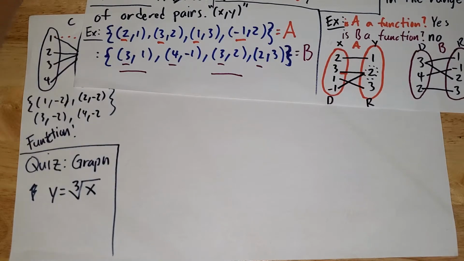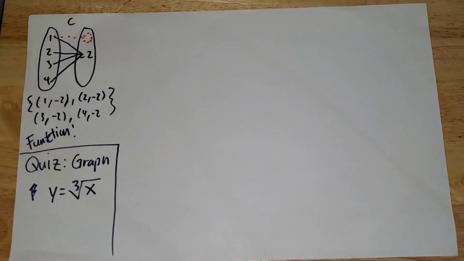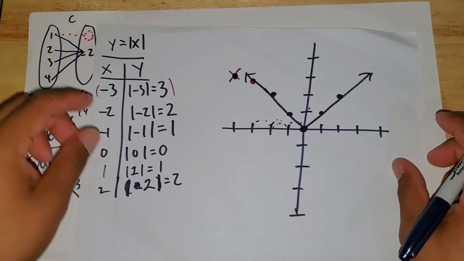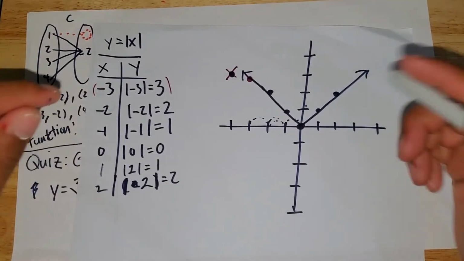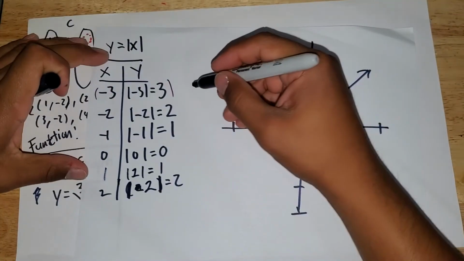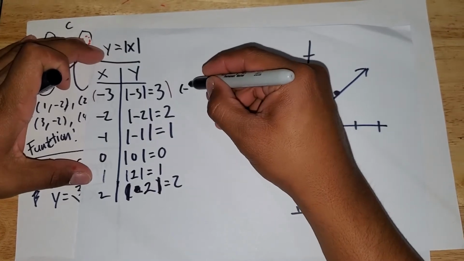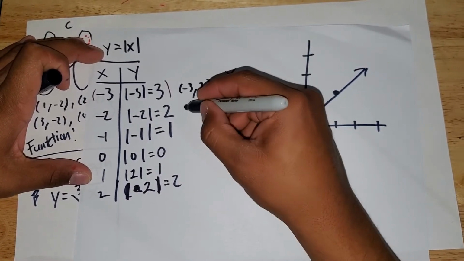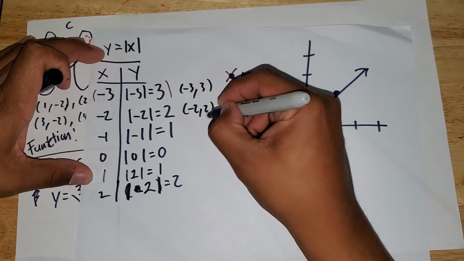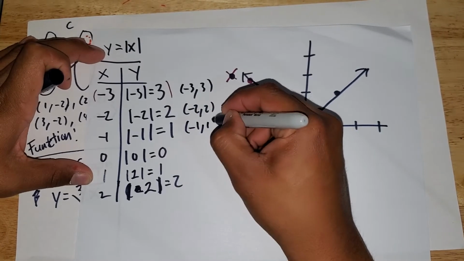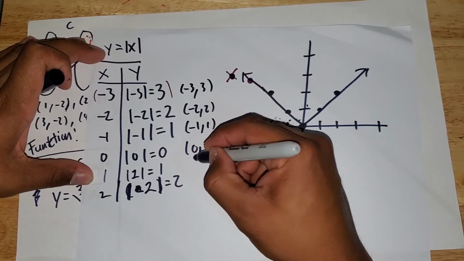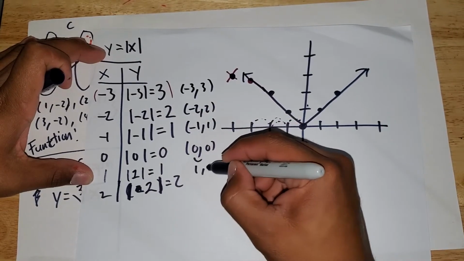But for now, we saw these as equations. And they're made up of, if we look back, I have it right here. All of these were different ordered pairs. So this one was -3 and 3. This was -2 and 2. This was -1 and 1. This was 0, 0, smiley face. This was 1, 1.